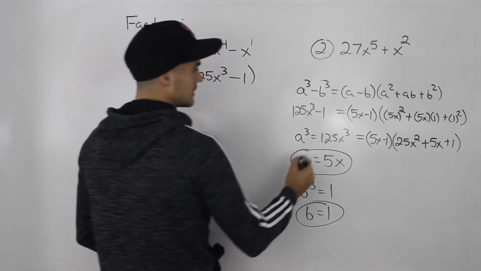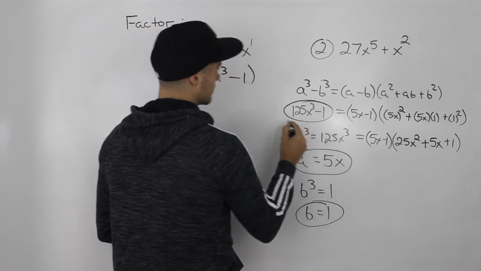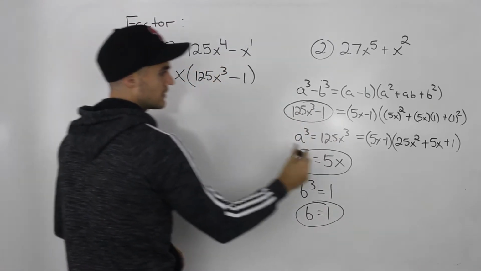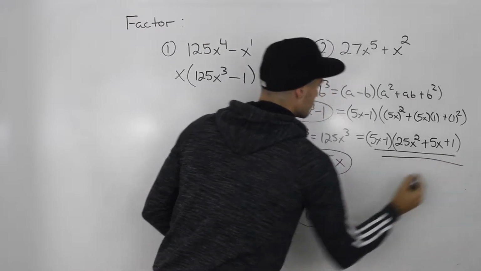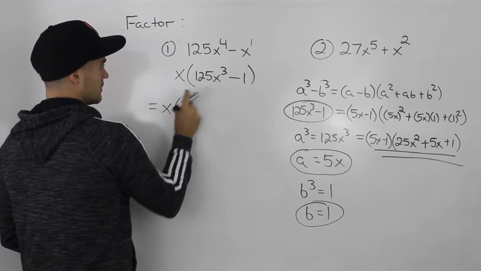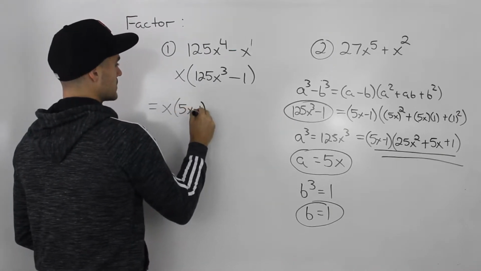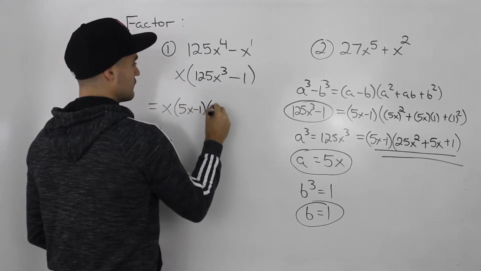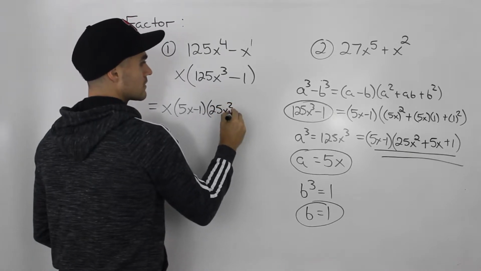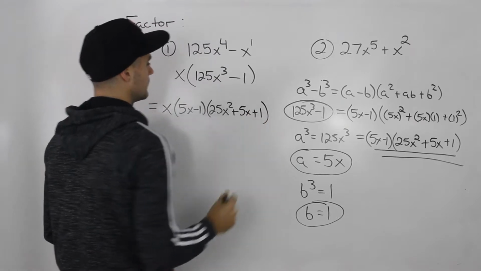So we basically took this 125x cubed minus 1, and we factored it into this. So bringing that over here, we would just rewrite 5x minus 1, 25x squared plus 5x plus 1. Right?